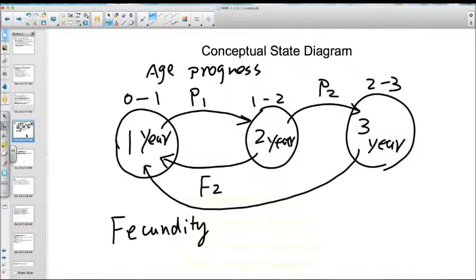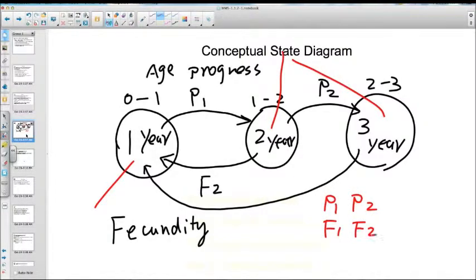So now you see the relationship. We have 3 states, and we have 4 transitions: P1, P2, F1, F2. We call them transitions.